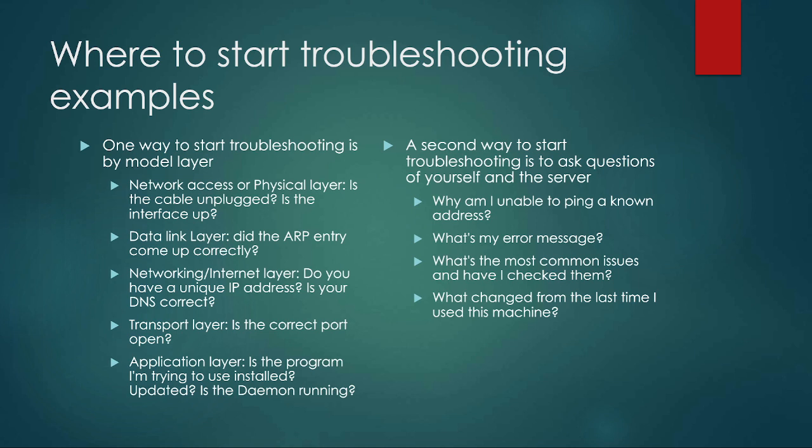And so you can ask yourself and the server these types of questions to start trying to figure out what's going on. And making sure that you are reading the error messages, checking the logs, and all of those things to make sure that we are able to follow along and figure out what's actually happening. So those are some of the basic troubleshooting steps that we can take for network troubleshooting on a Linux server.